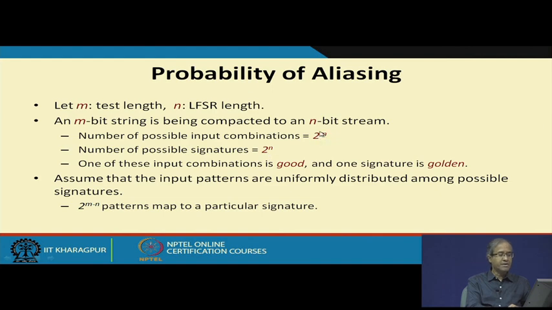So, there are 2 to the power m patterns which are mapping into 2 to the power n signatures. For any particular signature, how many patterns will be mapping? 2 to the power m divided by 2 to the power n, or 2 to the power m minus n. So, these many patterns will also be mapping into the golden signature. Okay.